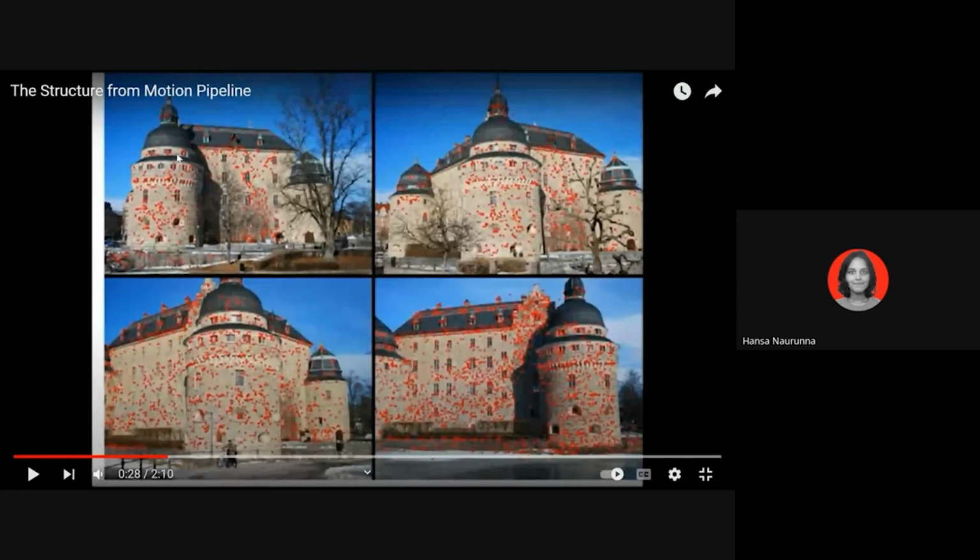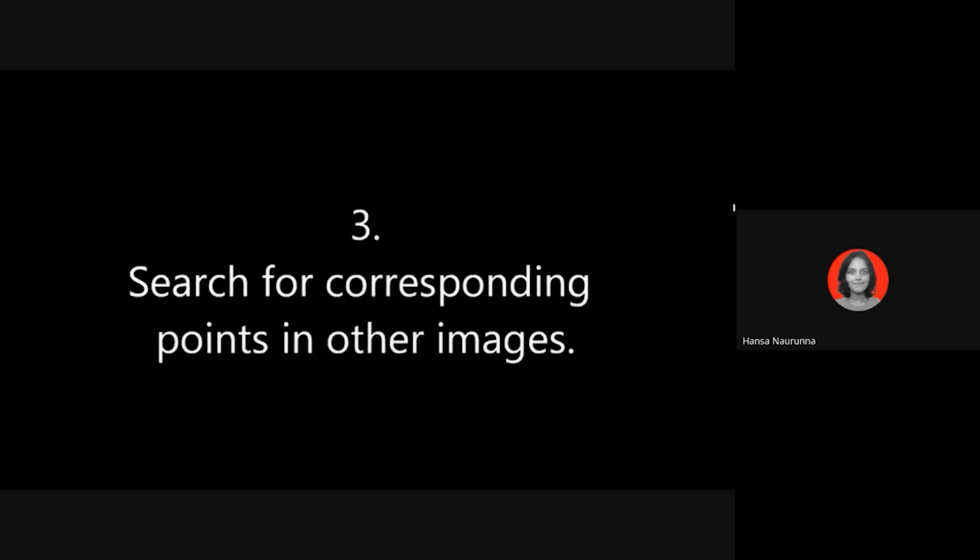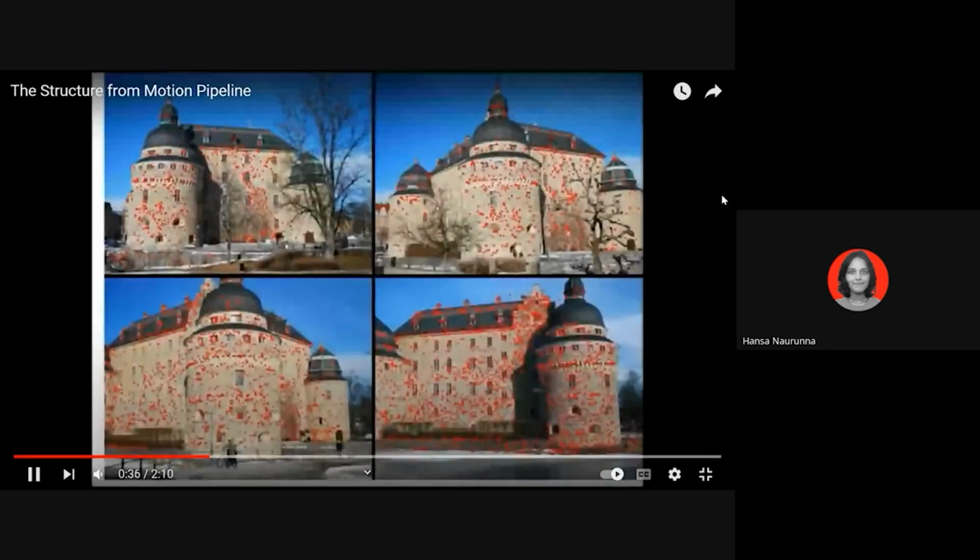And for one of these dots, if we use an algorithm like SIFT, it will be a big vector describing this local area. And we do that for everything. After that, we do a search for corresponding points in the other images. So we take the features from this image and match the features to this image over here, and we do the same thing here and here.